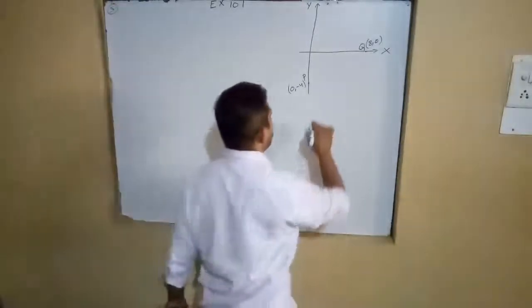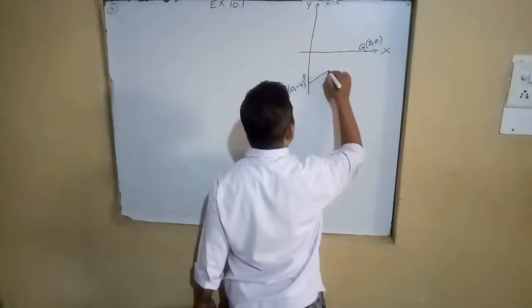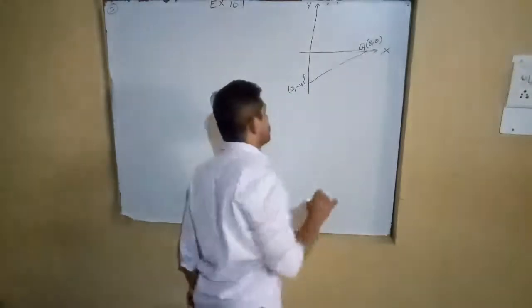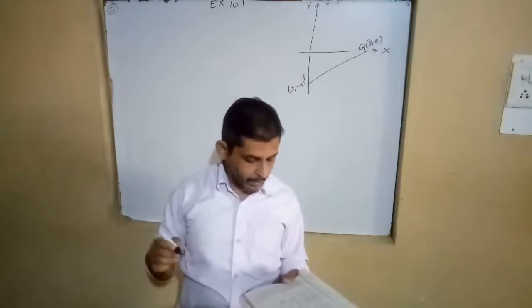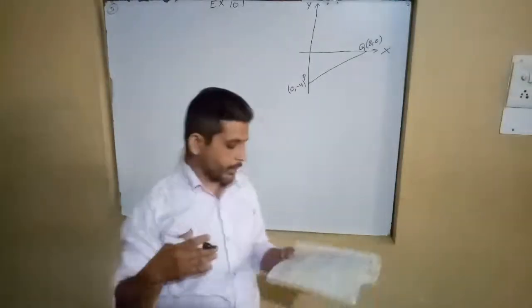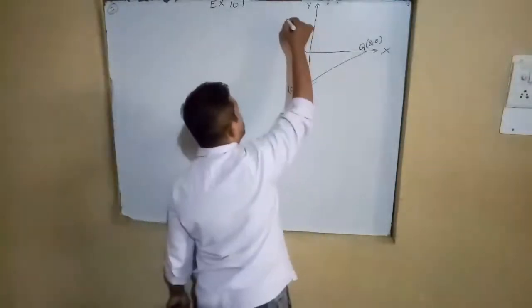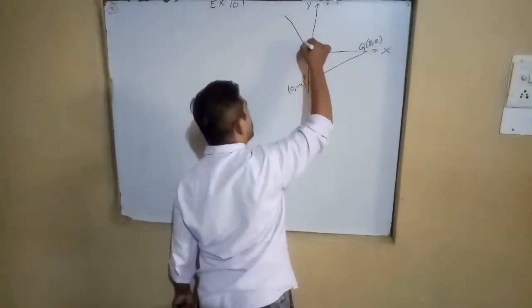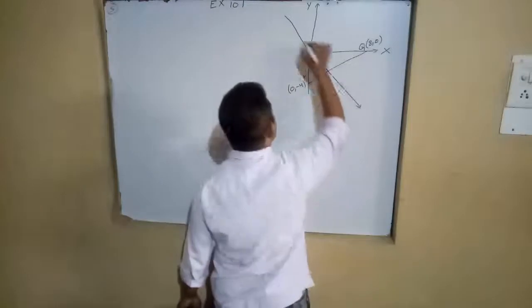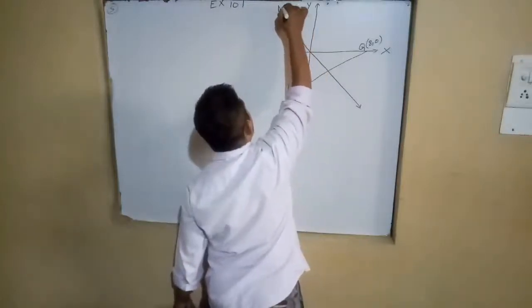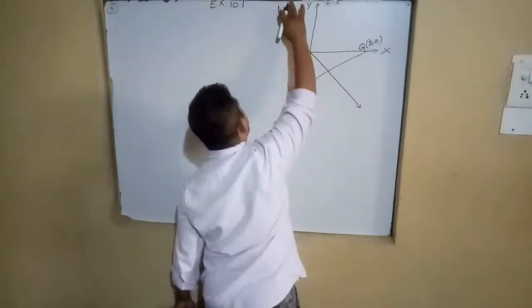Now we first join P Q. Then what is the second given condition? A line which passes through the origin, like this. This is a line we can assume as L, not L1.